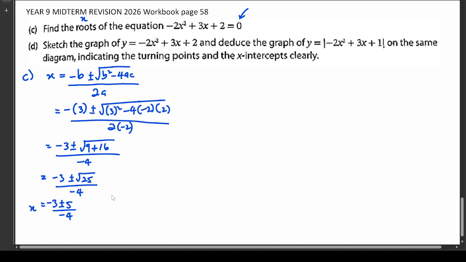So up until here, you can split into two x values. Remember, a quadratic equation always gives you two answers. So one is the answer for the positive sign.